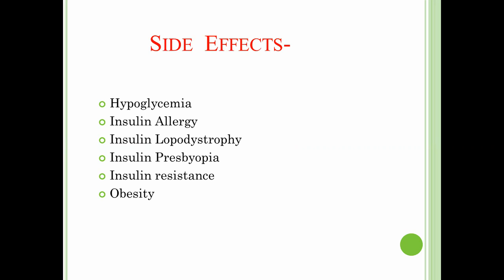In which the first one is hypoglycemia. Do you know hypoglycemia? The name indicates it. Hypo means lower level of glucose in the blood. So it is a common adverse effect and it may result due to too large a dose of insulin. That means if the dose is too high. It is a common adverse effect.